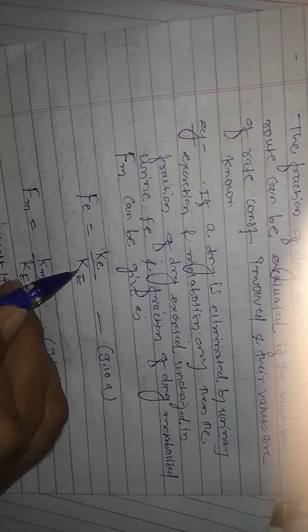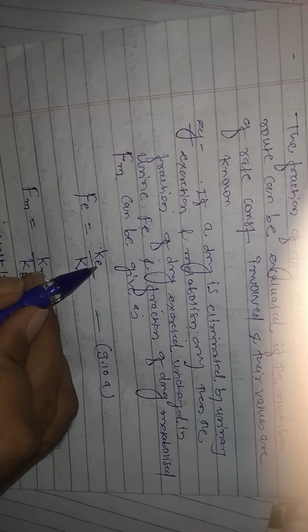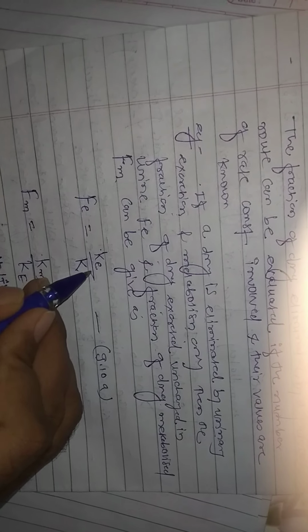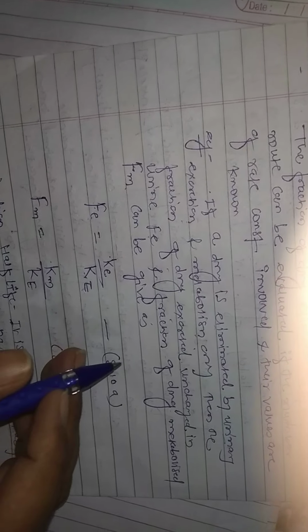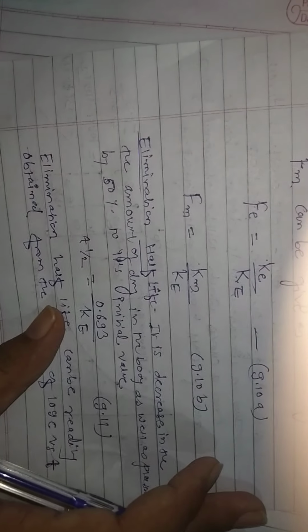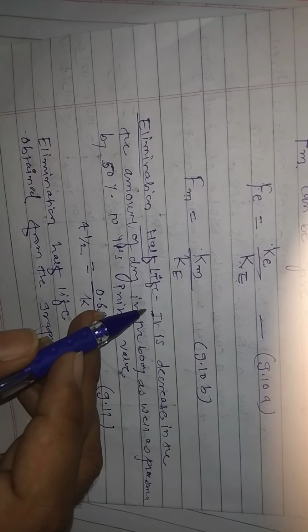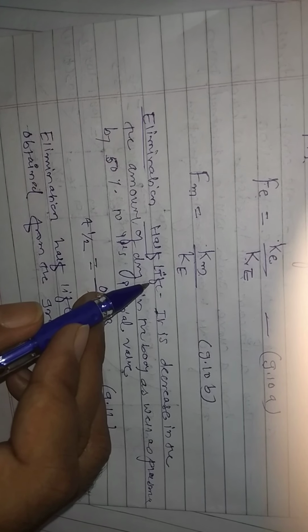So it can be written as Fe is equal to Ke upon Ke overall. This is the elimination by urinary excretion, and it is an additive property. The fraction of drug metabolized is given by Km, the metabolism rate constant, upon Ke, the overall elimination rate constant.